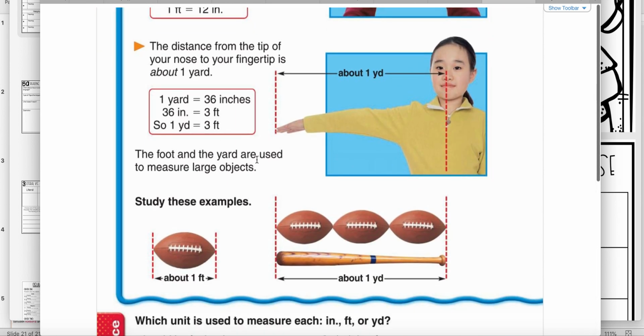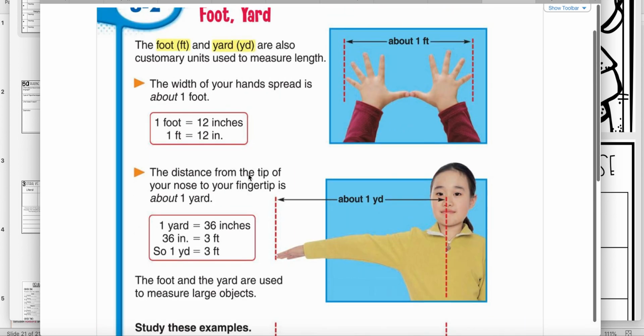A foot and a yard are used to measure larger objects. Instead of using an inch, which would take a really long time to measure the length of your desk, or the table you're sitting at right now, or the length of your book, you would use a ruler or foot.